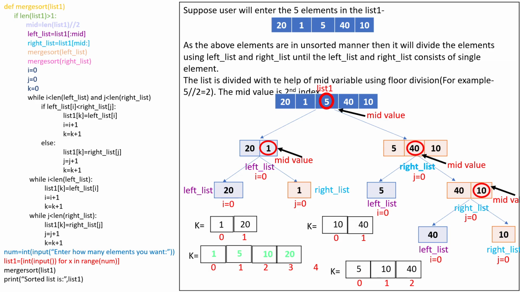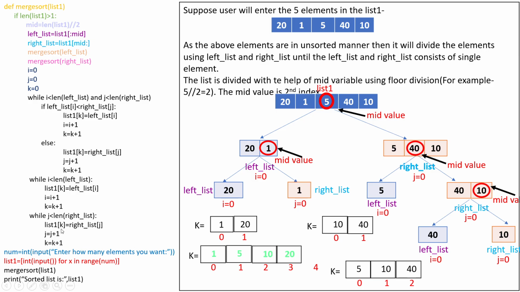J is 2. Why is j 2? Because j has already been incremented in the else condition. So 2 less than length of right list. Right list has 3 elements. Is 2 less than 3? True. So it will go in the condition.